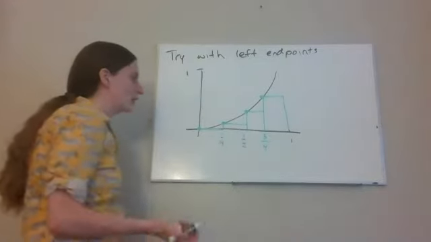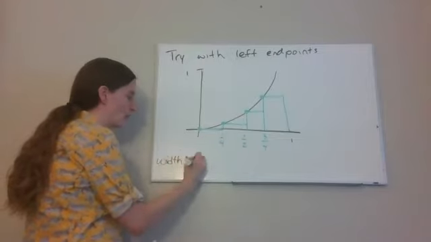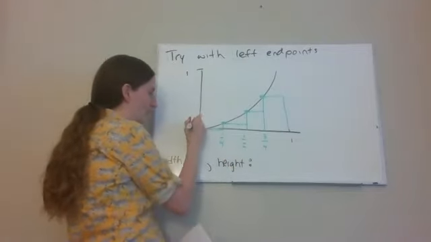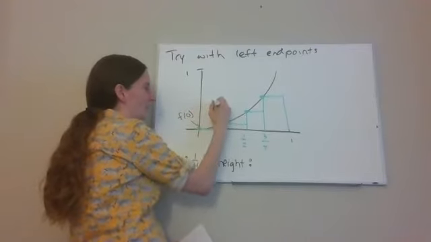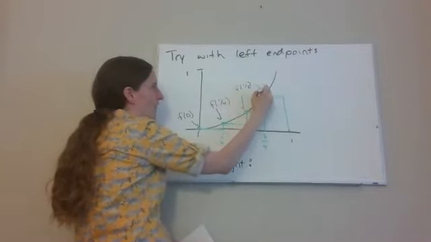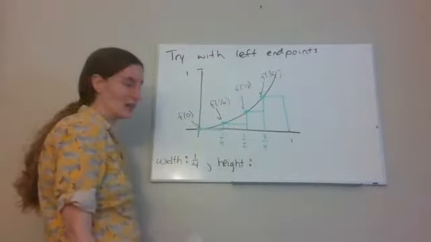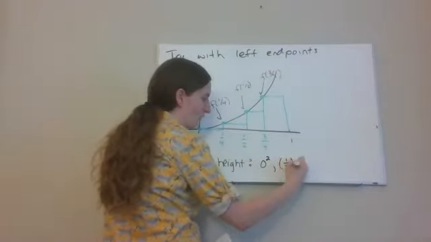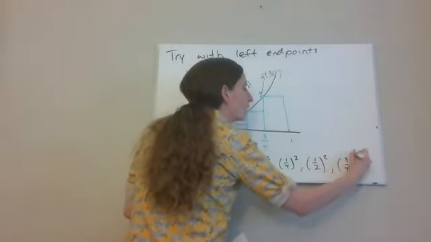But if I estimate all of this, remember all of the widths are still going to be 1/4. And the height of all of these rectangles, well, this height is from f of 0. This height is from f of 1/4, f of 1/2, and f of 3/4. That gives me the height of all of my different rectangles. So my heights are going to be 0 squared, 1/4 squared, 1/2 squared, and 3/4 squared.